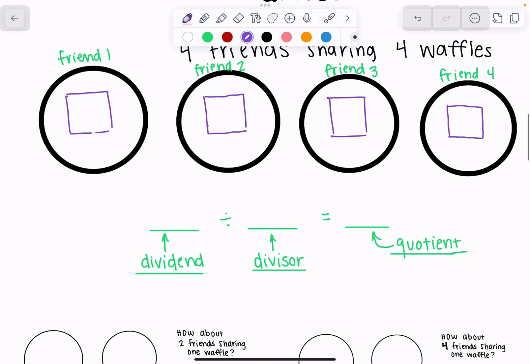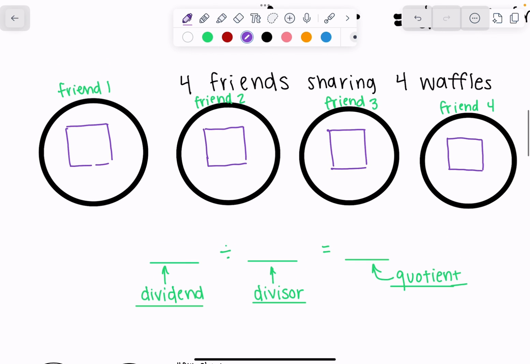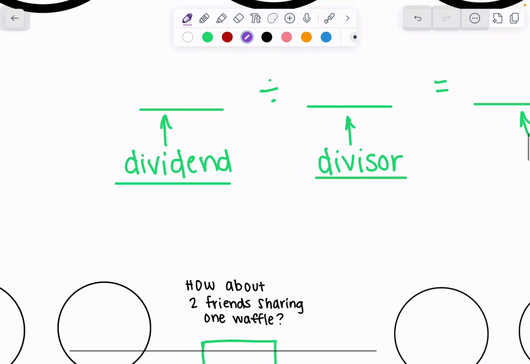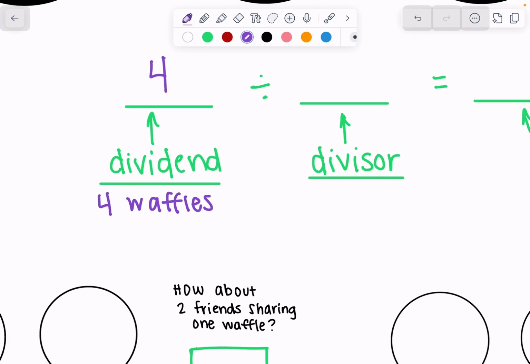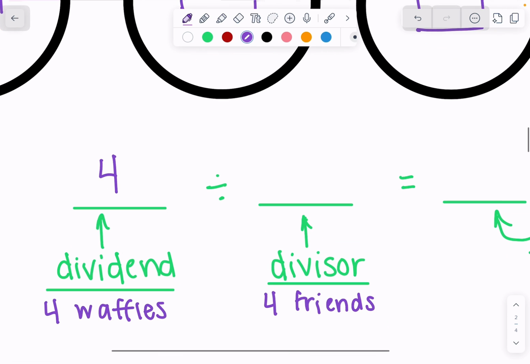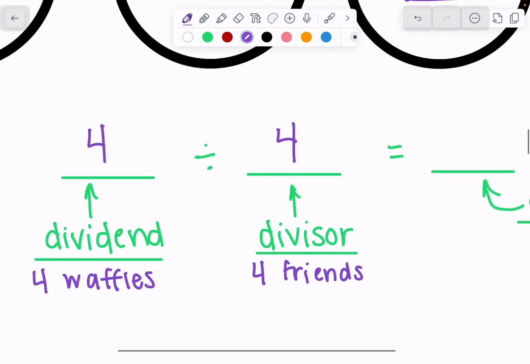So if you look at your dividend, if we set this up kind of like a division problem, right? Your dividend would be your 4 waffles. So we have 4 waffles. Okay? It's what we're trying to share, okay? So we have 4 waffles, and we're dividing that into our 4 friends. Okay? Kind of think of friends as groups here, okay?